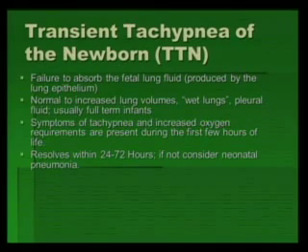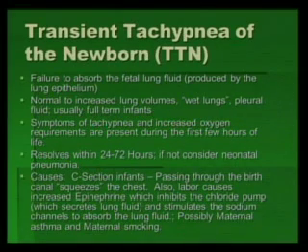If it does not go away in 24 to 72 hours, we have to worry about neonatal pneumonia because that can look identical. Causes include an increase in C-section babies. They used to think it was because they were passing through the birth canal and that squeezed the chest, but now they know that labor causes increased epinephrine, and epinephrine inhibits the chloride pump, which secretes lung fluid, and epinephrine stimulates the sodium channels to absorb the lung fluid.